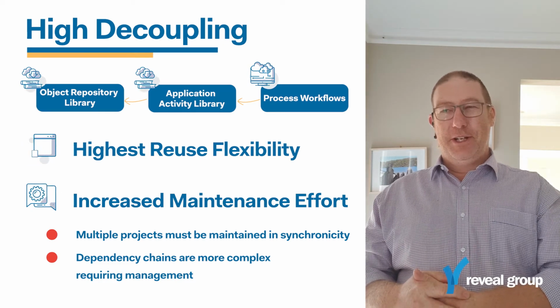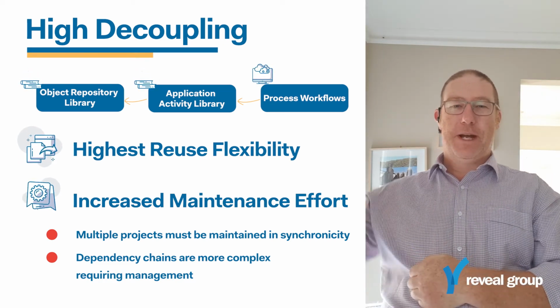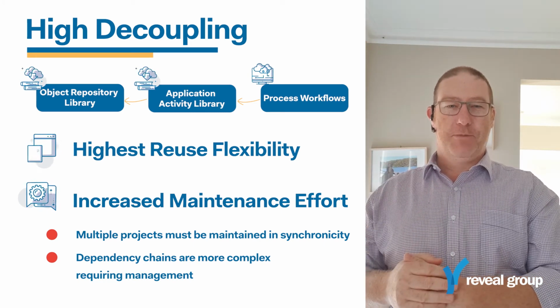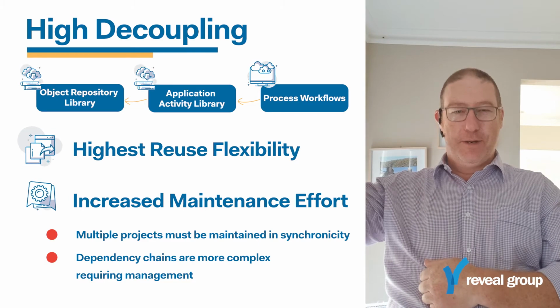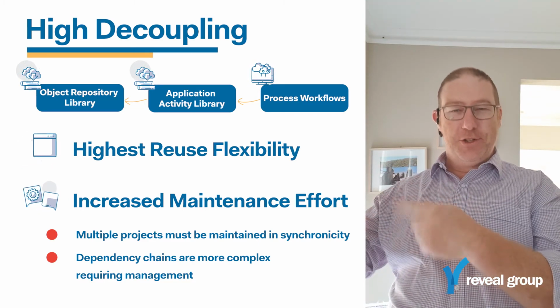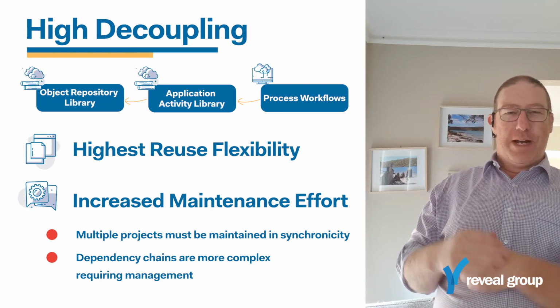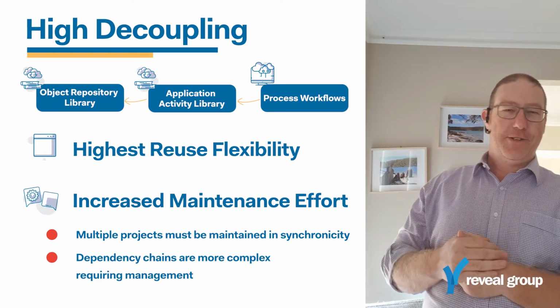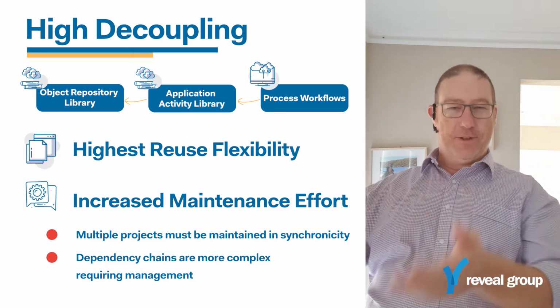And so if we needed to make a minor change once we got into testing, we'd have to go back, update our object repository and republish a library. Then we'd have to come to our libraries and reference that object repository, make the minor change on the activity we were working on, test it, make sure we were happy, publish that library as a new version. Then we'd have to come down to our processes and update the references in our processes.